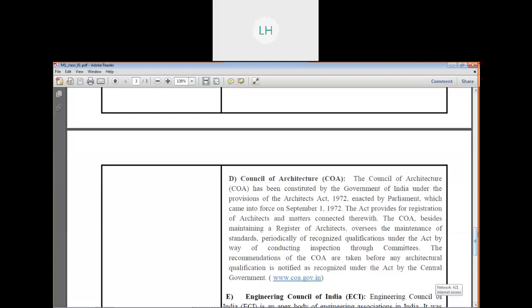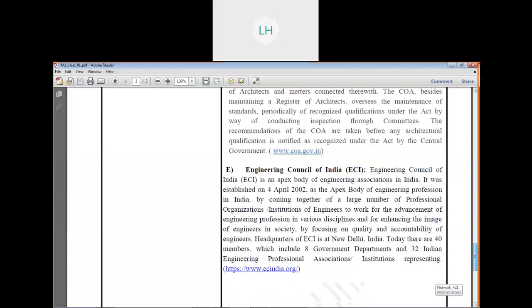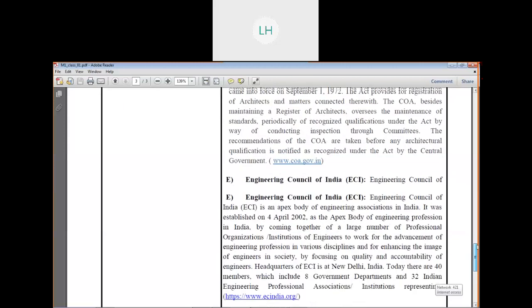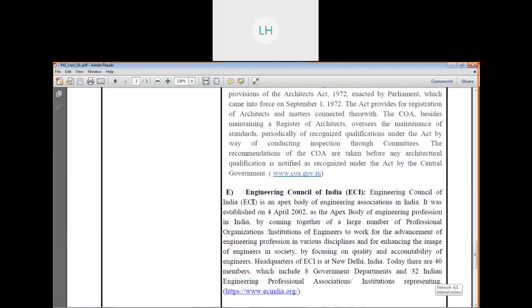Okay then, the last one I want to mention here is the Engineering Council of India, ECI. The Engineering Council of India is an apex body of engineering associations in India.